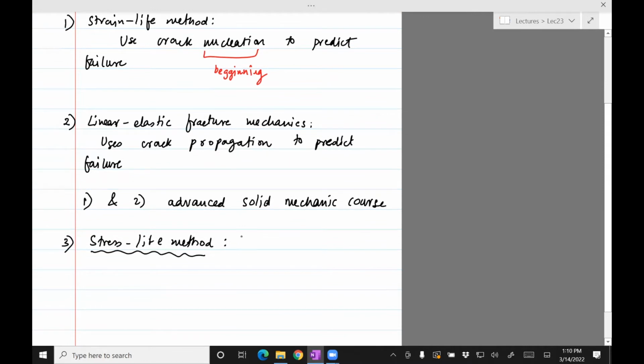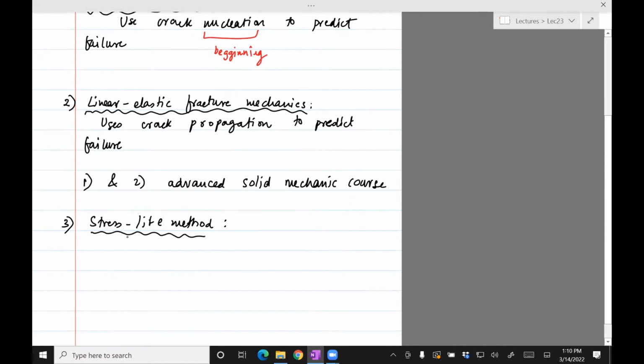This one is in line with what we've done so far. What we've done so far is take the material, load it to failure, create curves to understand how failure occurs, and use those curves to make queries and predict failure, right?